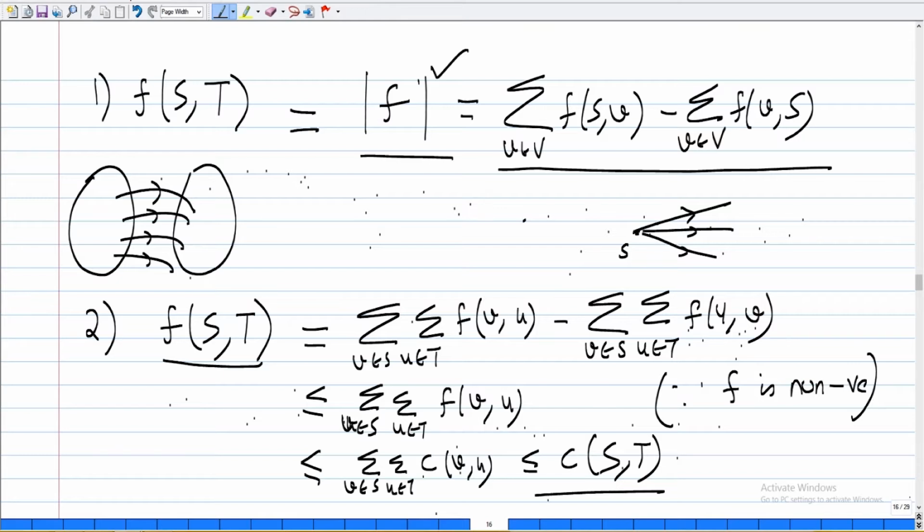Right? And what I did not emphasize, which I will emphasize now, is that, consider any S and T cut. The value of the flow is less than or equal to the value of any ST cut. Right?